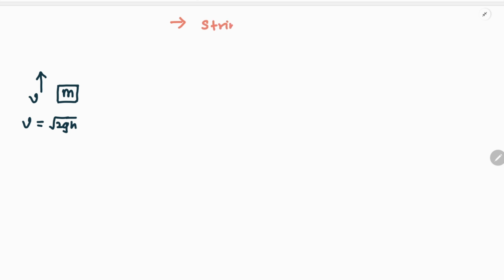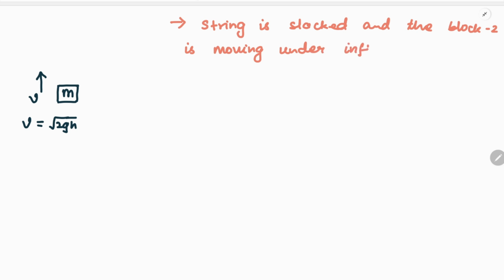So we can consider it this way: this is block 2, which is having a mass m. It is moving under gravity with a velocity v, where v equals root over 2gh, and since the string is slacked, block 2 is moving under the influence of gravity.